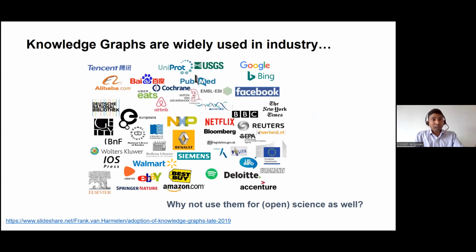One solution could be the use of knowledge graphs, because, as I already mentioned, the information flow in different areas of the ways we communicate or search for products has changed because of knowledge graphs that are widely used in industry. Why can't we use these for science, making open science by leveraging the technology of knowledge graphs?